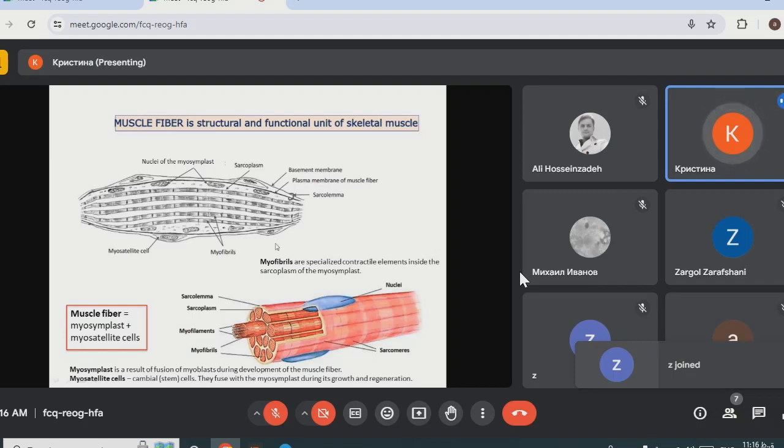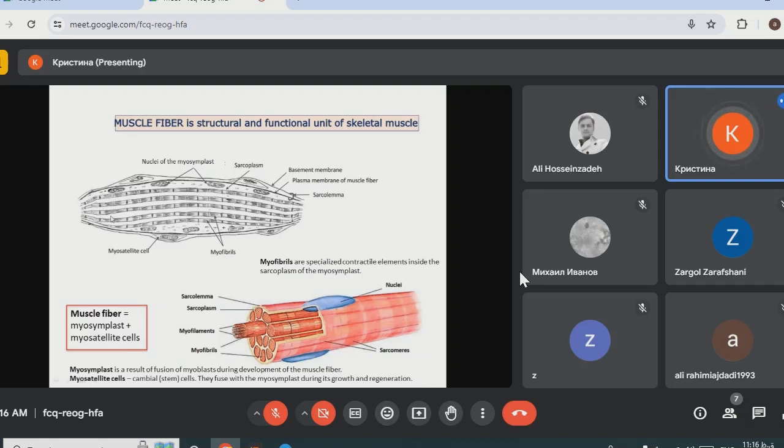Myofibrils are specialized contractile elements or organelles inside the myosymplast. So here you can see myofibrils. They are very long. They consist of contractile myofilaments, actin and myosin, and each myofibril goes from one end of the muscle fiber to the other end.